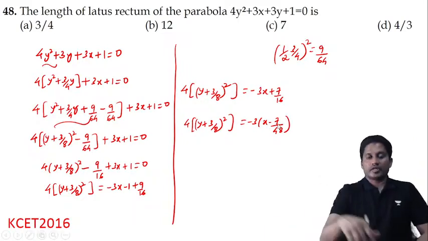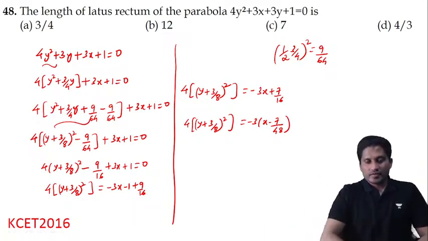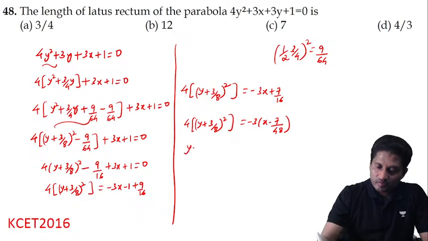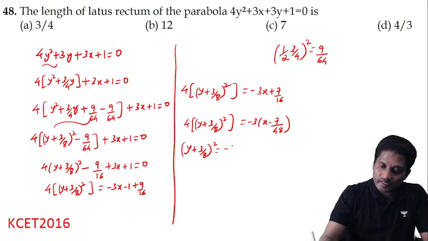When you take 3 out, you have to divide by 3. So y plus 3 by 8 the whole square is equal to minus 3 by 4 into x minus 7 by 48.